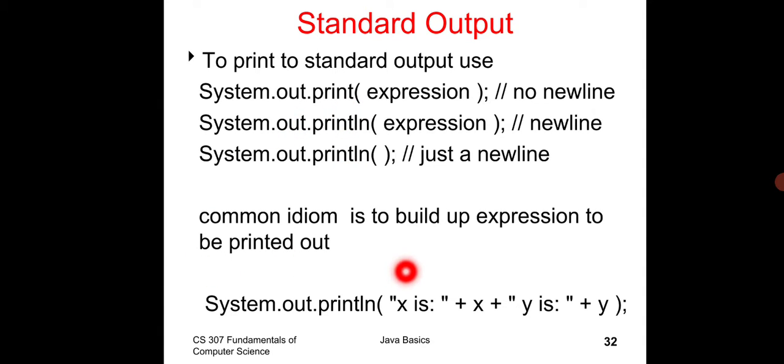Here x is a string, so it is indicated with double quotes. Here x is a variable, so to concatenate the string with x I use a plus. Then y is a string, so to concatenate x with y I use plus.